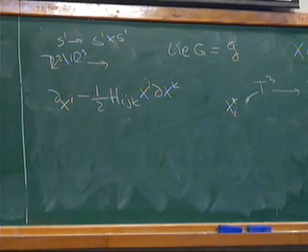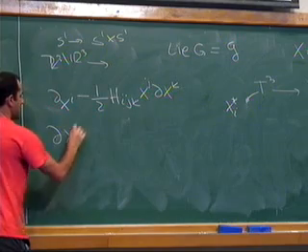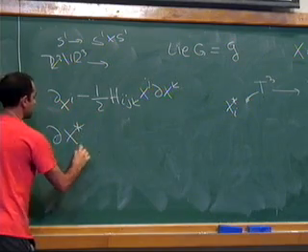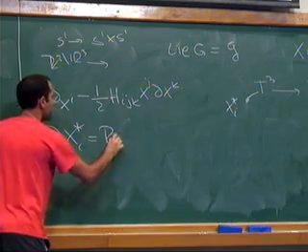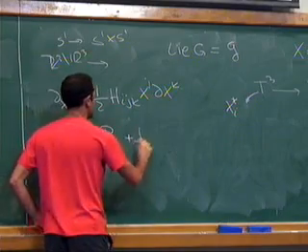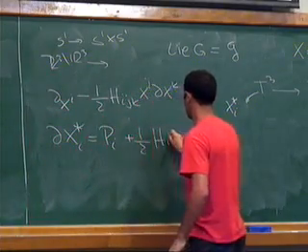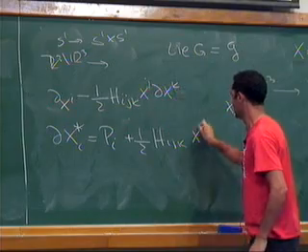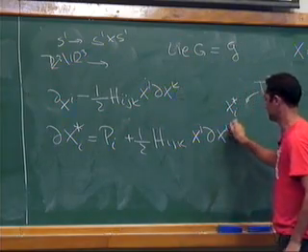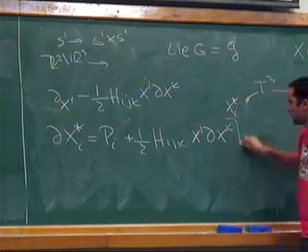This suggests that the relation between the basic scalar field and the momentum is not what I had before. I had defined x star i to be just p_i. And now we need to change this. We need to put this as our definition of our field.